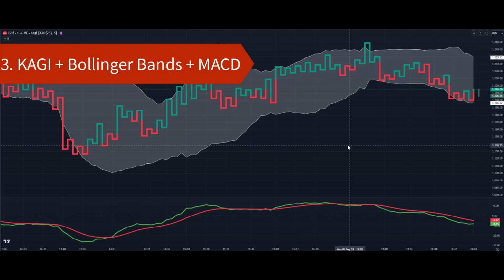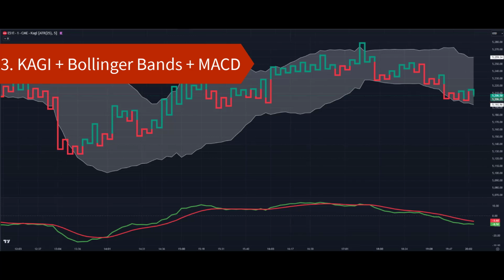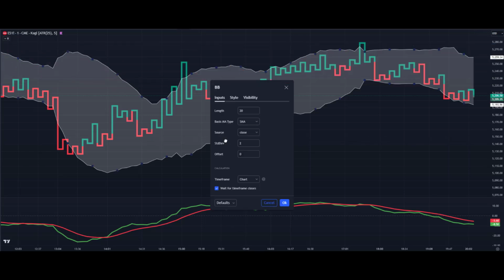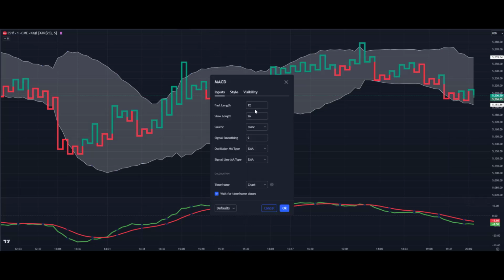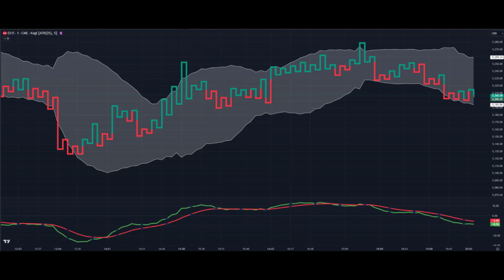The first of which is one that combines the Bollinger Bands and the MACD. Now the settings, just traditional, don't worry about that. 20, 2 there on the Bollinger Bands, and on the MACD 12, 26, 9, just usual standard things, and the entry is really simple.